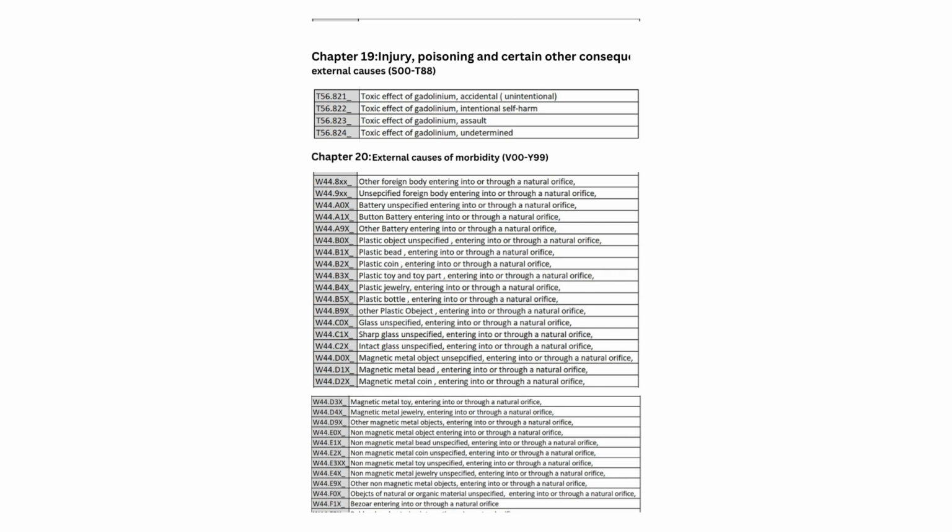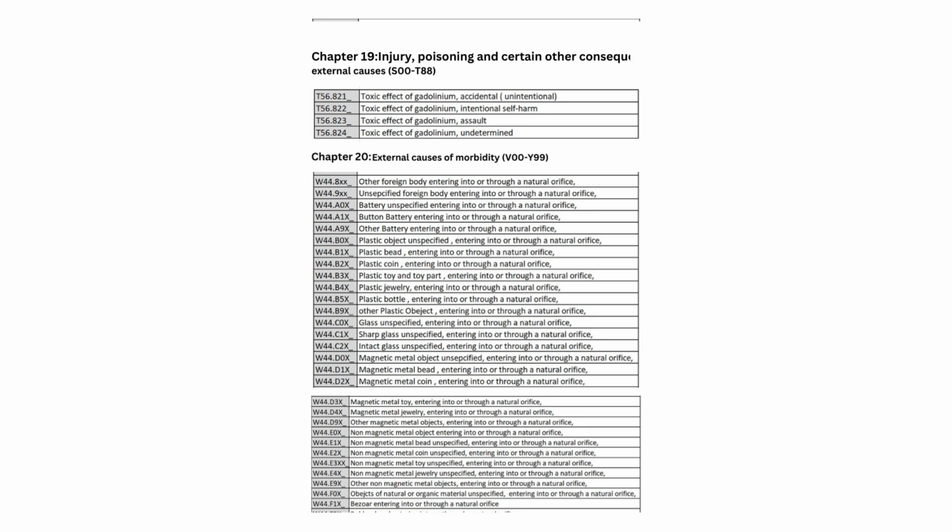Ingested button batteries can cause rapid health issues. Button batteries are more likely to be accidentally ingested than the cylinder batteries. There has been expansion of codes that push for more safety in these cases.